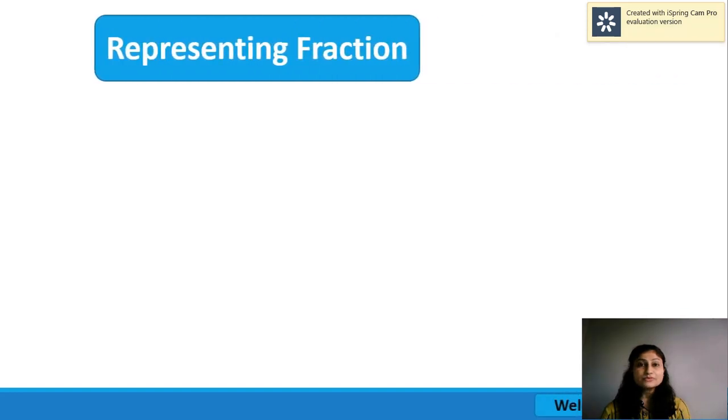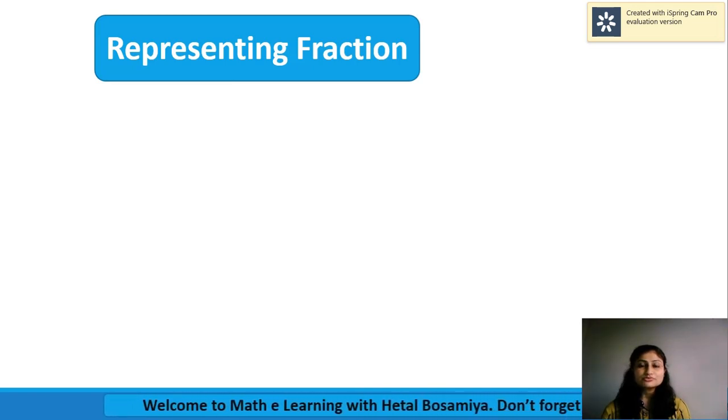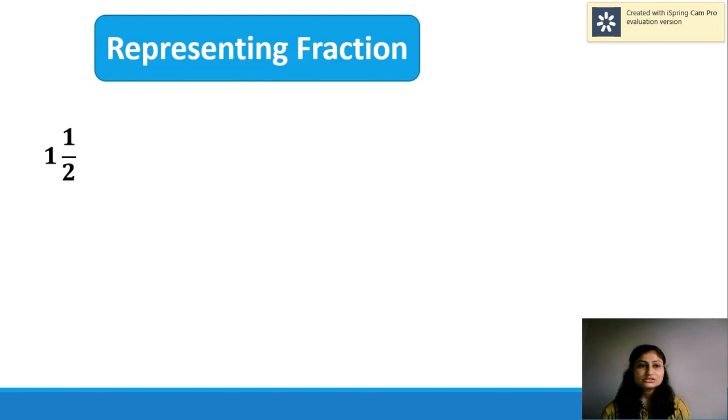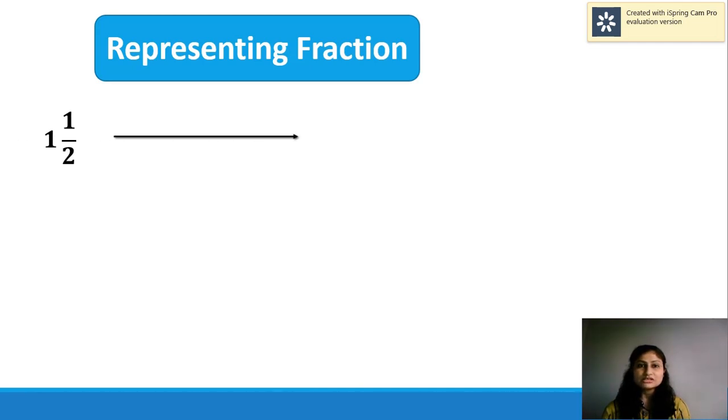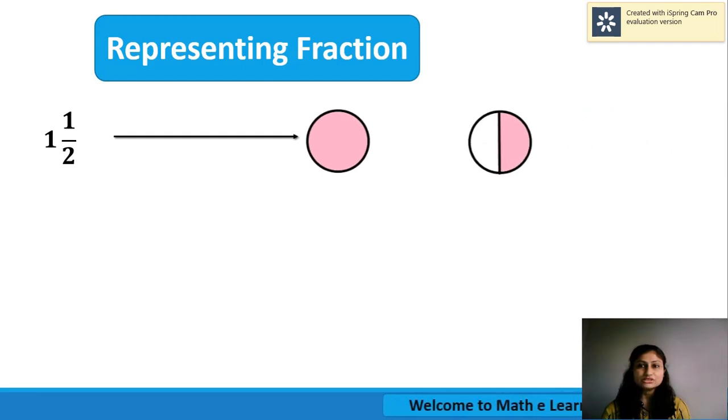Now, how to represent a fraction using a figure. Here I have chosen circles to represent fractions. First is 1 integer 1/2. That means 1 is full and half more to 1. So we represent it as a full circle and we add one half circle.